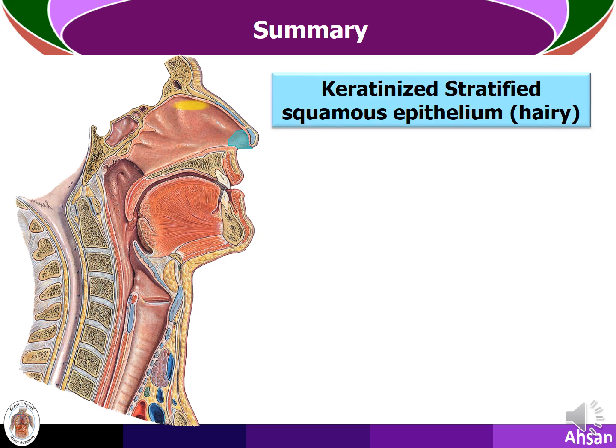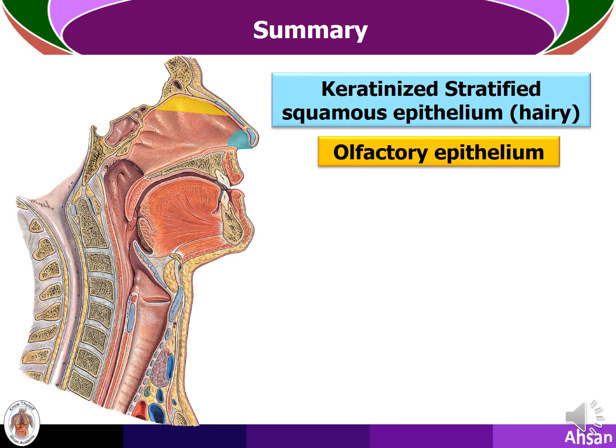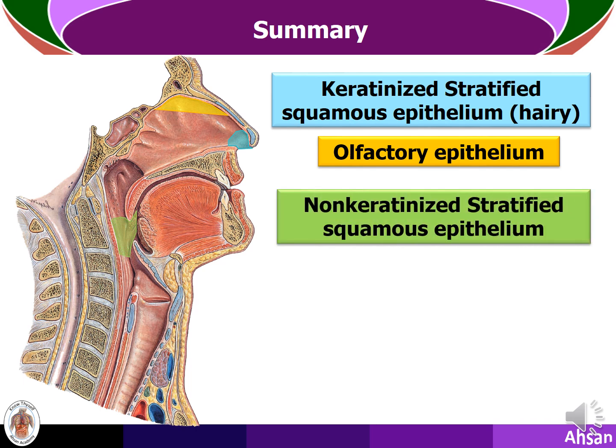So the epithelium over the nasal cavity is pseudostratified except in the roof, which has olfactory epithelium, and the anteromost part, which is non-keratinized stratified squamous. This stratified squamous is again present in the oral cavity and oropharynx.